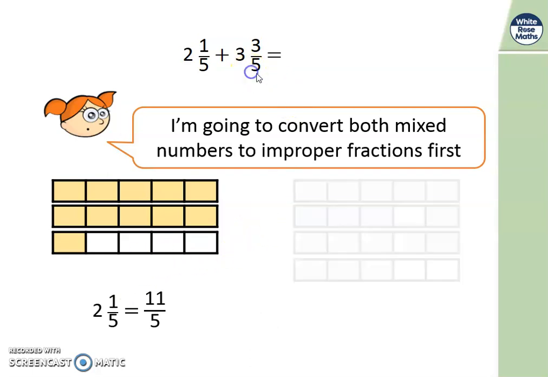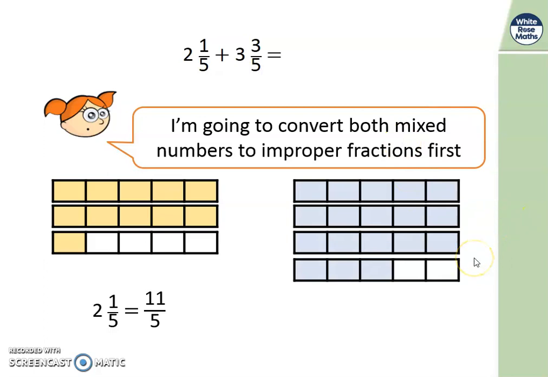Then I've got 3 3/5 over here, 3 whole ones and 3/5. You can see I've got 3 lots of 5/5, so that's 5, 10, 15, 16, 17, 18. So that's 18/5. Then I've got 11/5 add 18/5, which is 29/5.